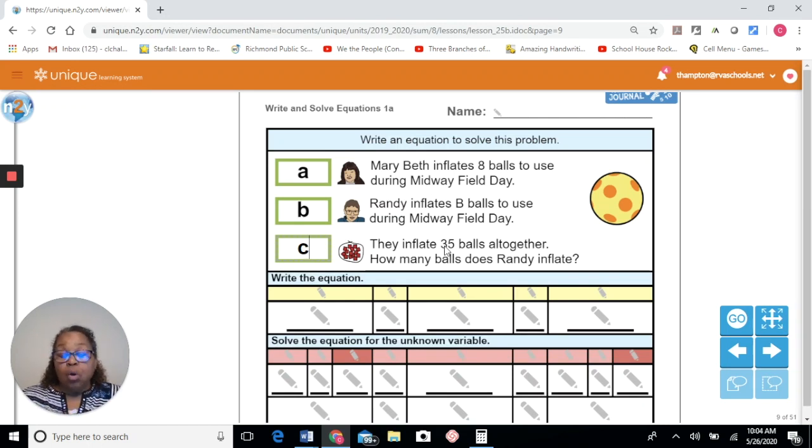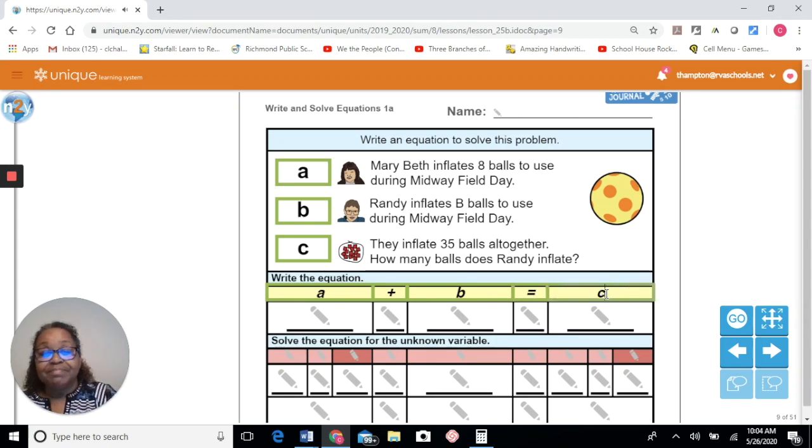Well, we do know that if the language says altogether, we're going to be using what mode of operation? That's right, addition. So the equation will read A plus B will equal to what?